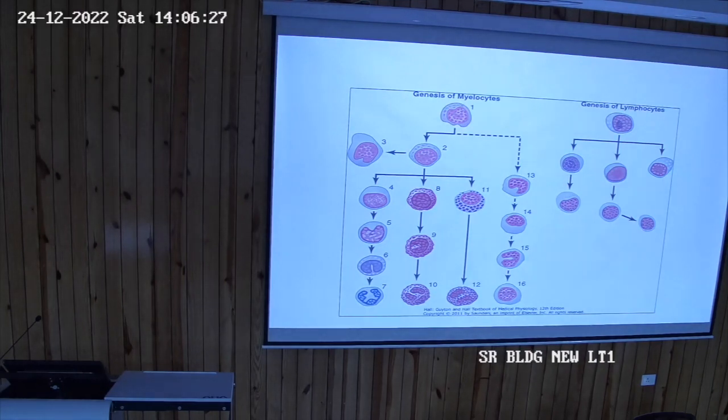Okay, first and foremost, the size compared with RBC. The size of granulocytes, that is eosinophil, neutrophil and basophil, is 1.5 times that of RBC. The size of RBC is 7.2, so the size of granulocytes will fall at 10 to 14 microns.